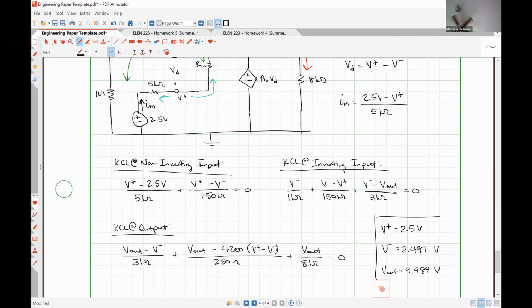So from this, I need to make this, because I got it's like 2.4999. Let me put more significant figures there, because right now, effectively, it's saying the input resistance is infinite.